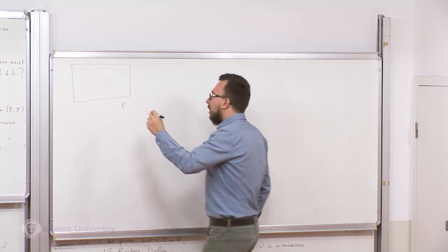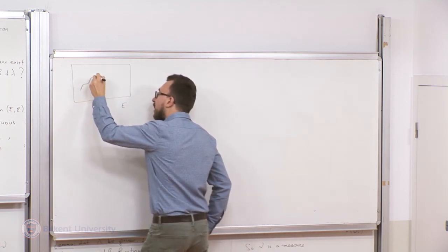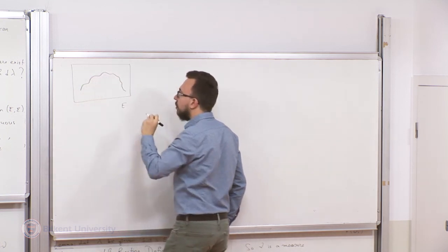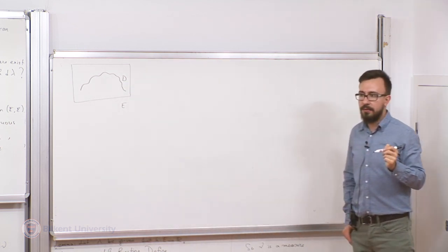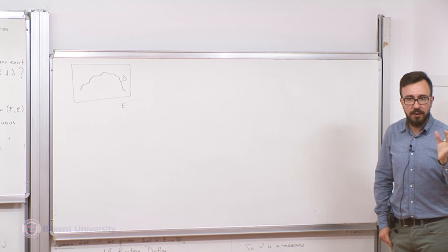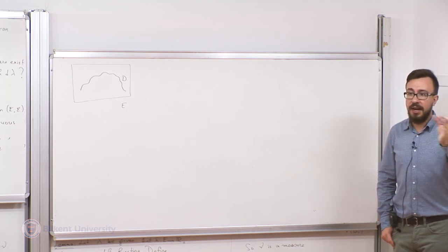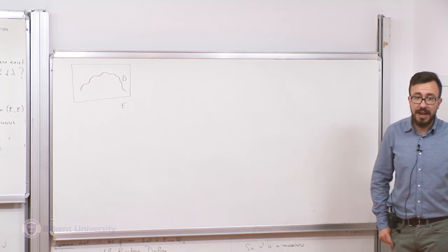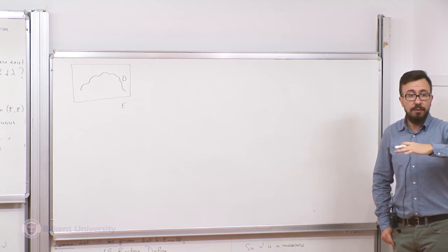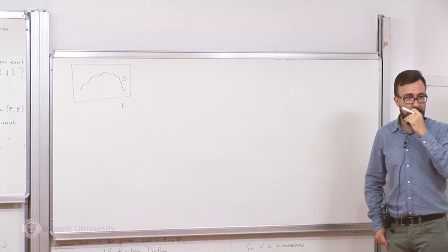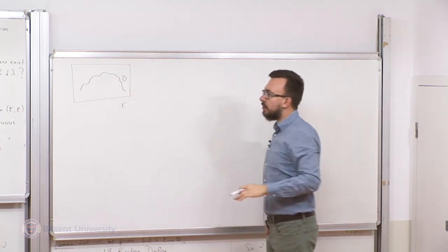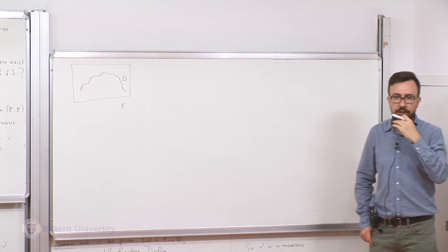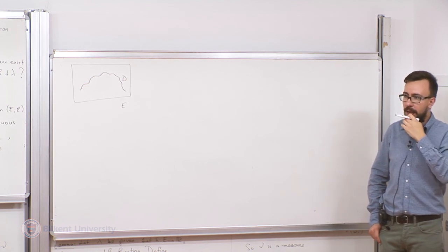And let's draw a region whose area is 0. So this set has area 0, right? So let's say you have a measure which measures area. Like the Lebesgue measure on the real line, there is a measure on R2 which measures area. Then if you have a set of area 0, you call it a set of measure 0. So that's a null set for that measure.